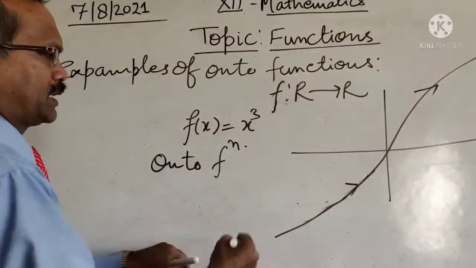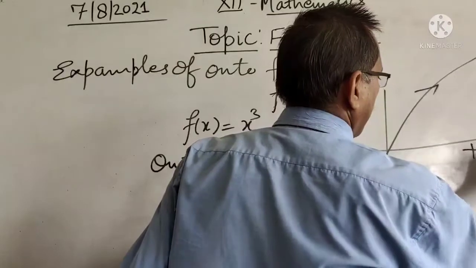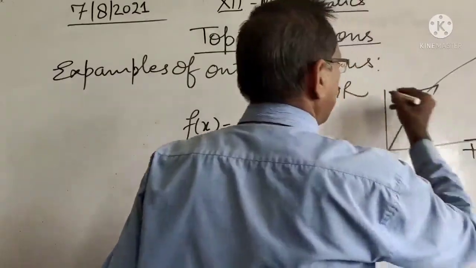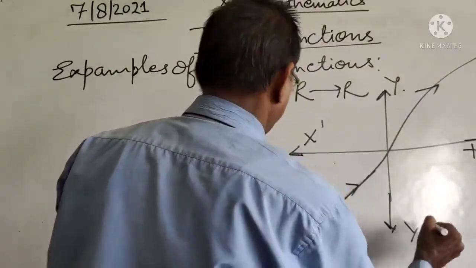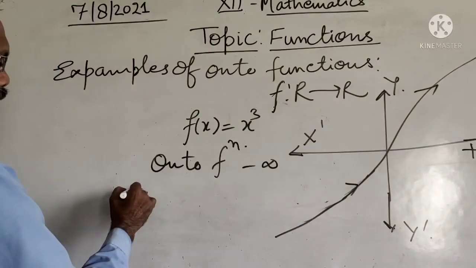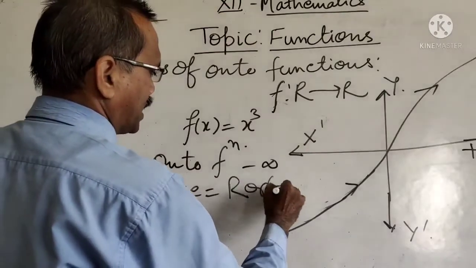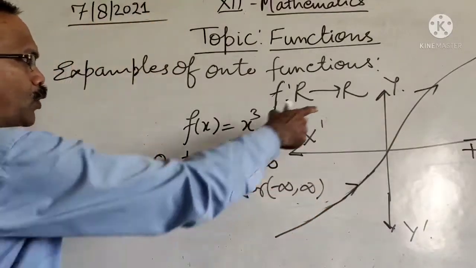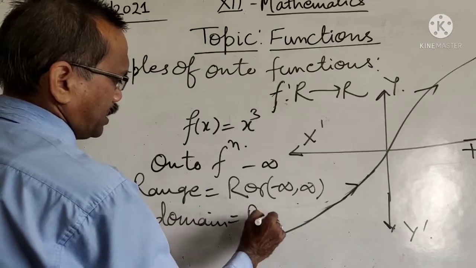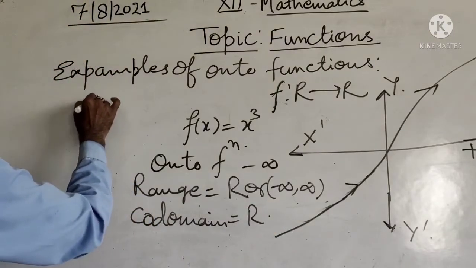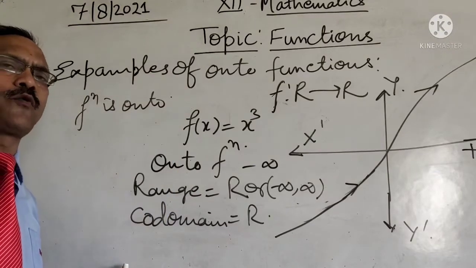It is an increasing function from minus infinity to plus infinity. The range is R, or minus infinity to plus infinity. Codomain is R. The function is onto. So there are some examples of onto function.